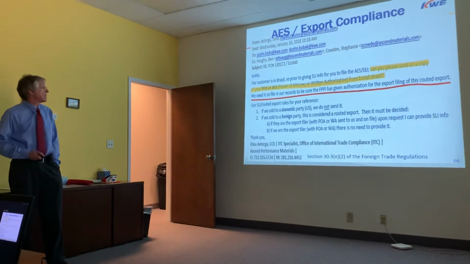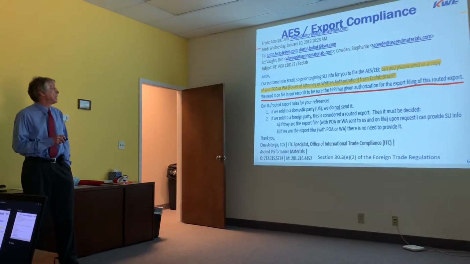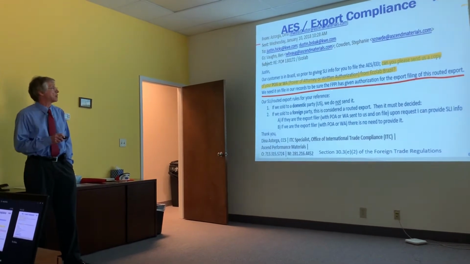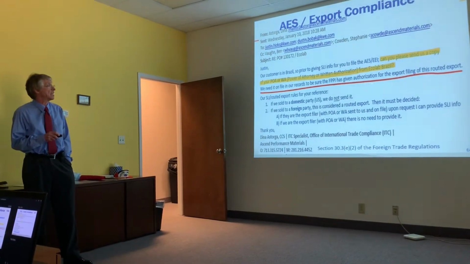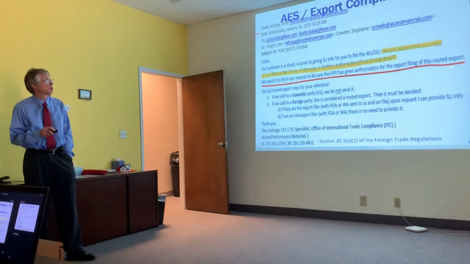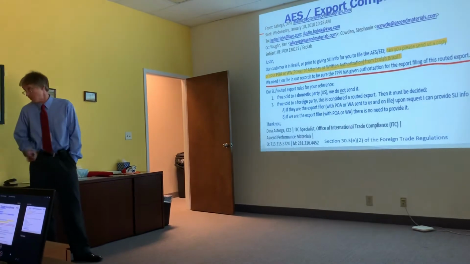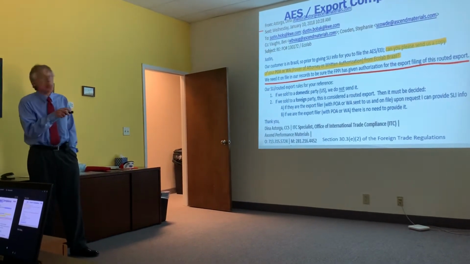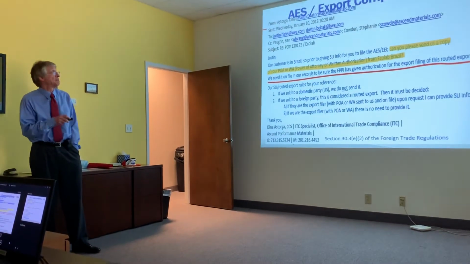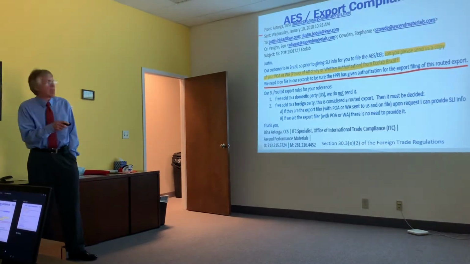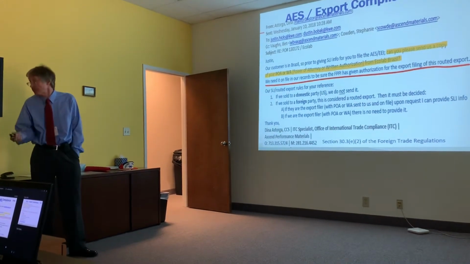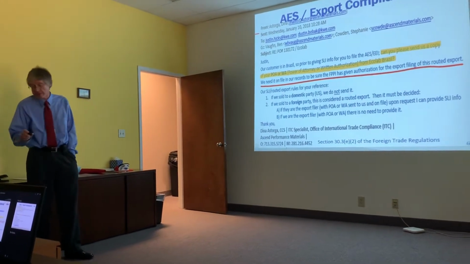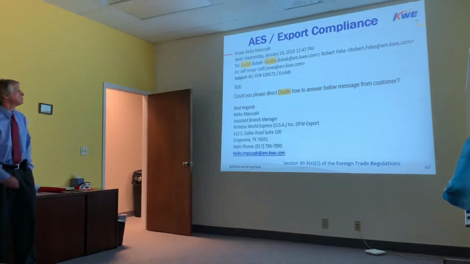The reason they were asking for it is because we need it on file in our records to be sure the FPPI is given authorization for the export filing of this routed export. So Ecolab Brazil requested that the shipper use Kintetsu to send their freight to them.